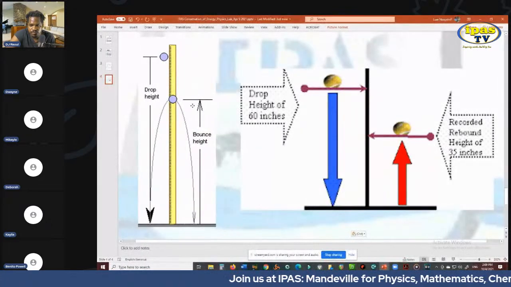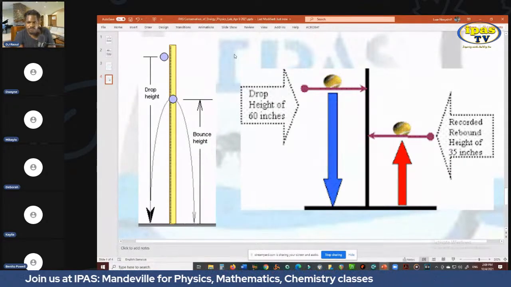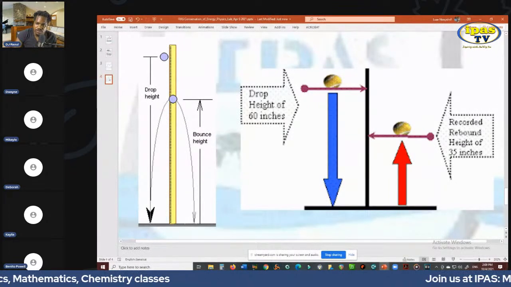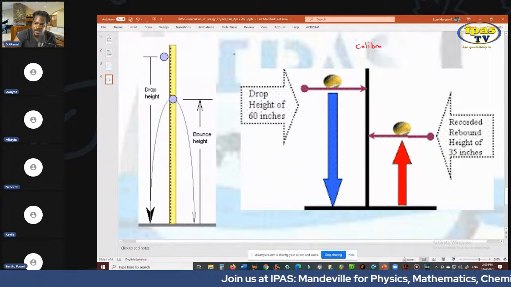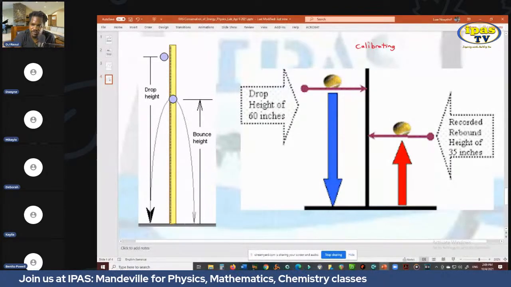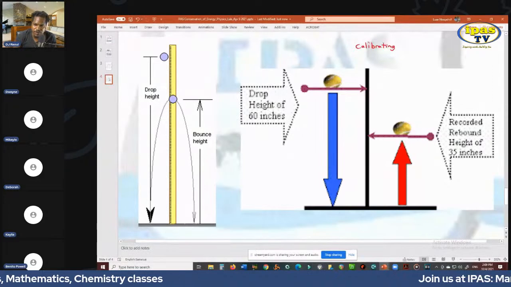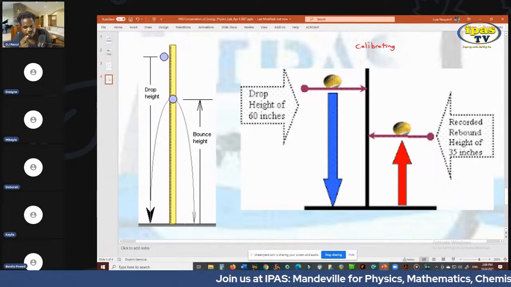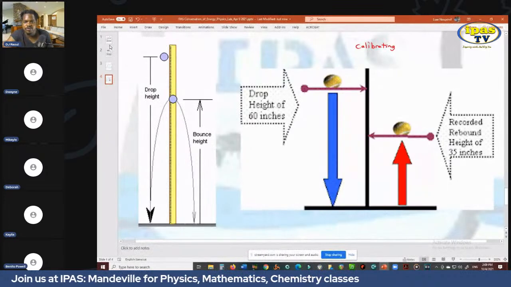It will be something like that. So calibrating the wall would make you certain of the height that you're releasing, and also increase the accuracy of the rebound height. But there's something else you could use that would further improve the accuracy. Nobody is telling me, so maybe when we talk through it, it might come out.